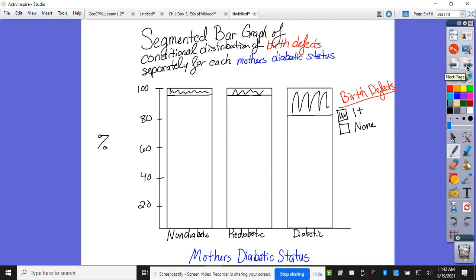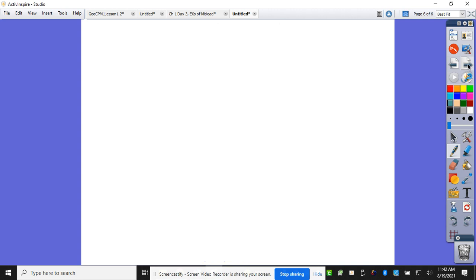So our conclusion here. What do we need to do in our conclusion? Compare, context, and numbers. What are things that would be examples of our context here?